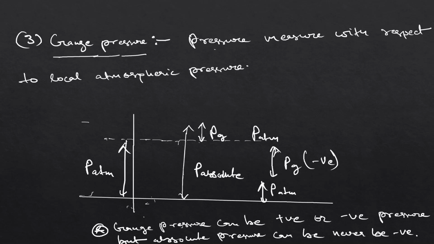Just try to understand that gauge pressure can be positive but also negative, but absolute pressure cannot be negative. Okay, please keep that in mind.